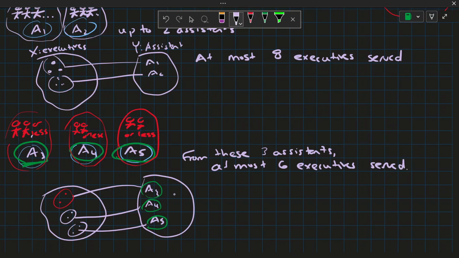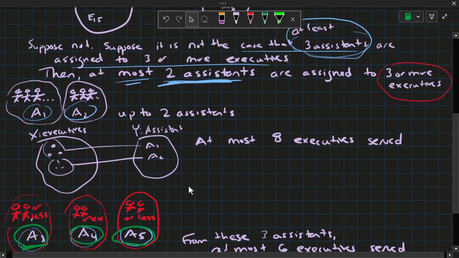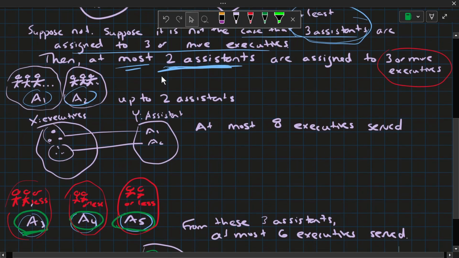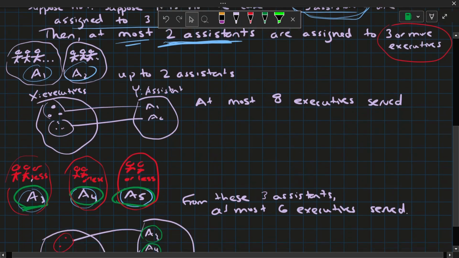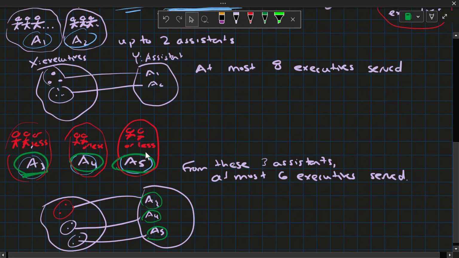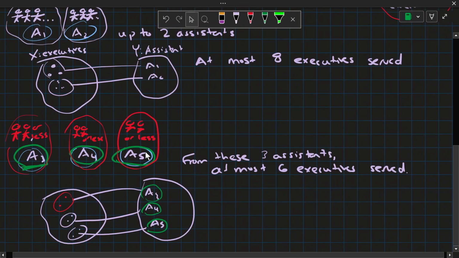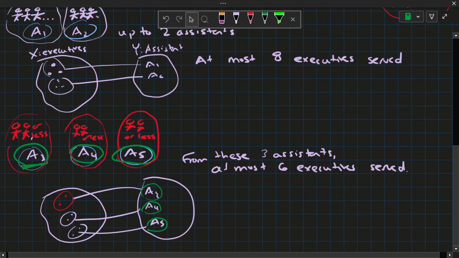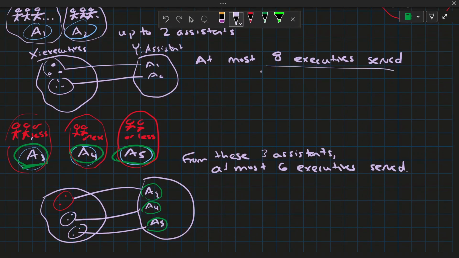And so hopefully now you see that a contradiction has arrived. Assuming not, we came to this: at most 2 assistants are assigned to 3 or more executives. And we also got that these 3 other assistants are assigned 2 or less executives each. From that, we know that at most 8 executives are served from the blue ones, and at most 6 executives from those 3 other assistants.